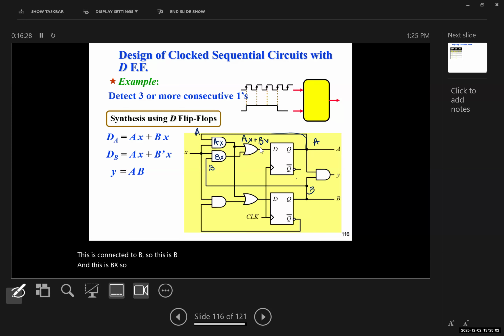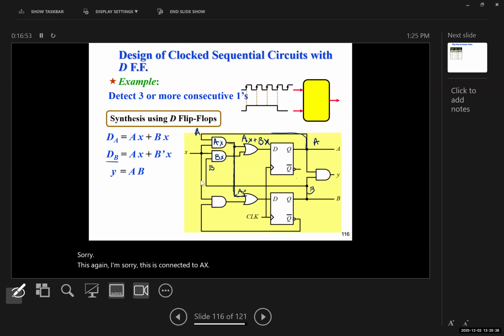And for DB, we have this connected to A again, so this is AX. Oh, I'm sorry, this is connected to AX.